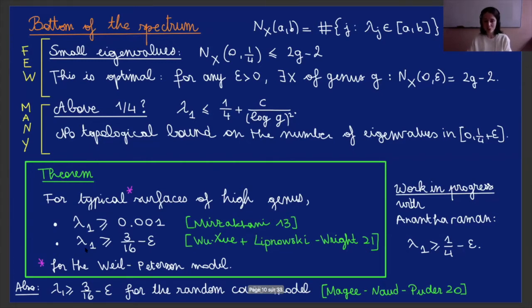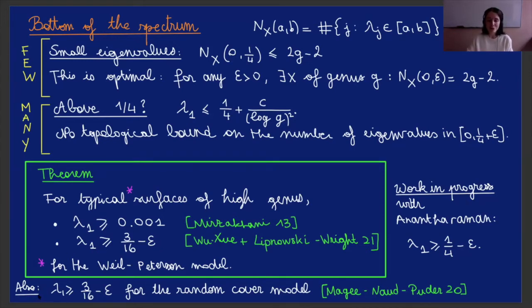The next step was achieved very recently, a month ago, by two different teams, one in China and the other in the US. And they proved that lambda1 is greater than 3/16 minus epsilon for epsilon arbitrarily small. So this is a significant jump in quality of the estimates. And the exact same estimate has been proven for different models of typical surfaces.